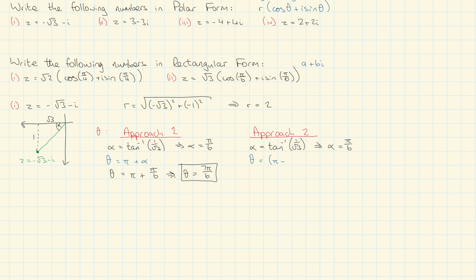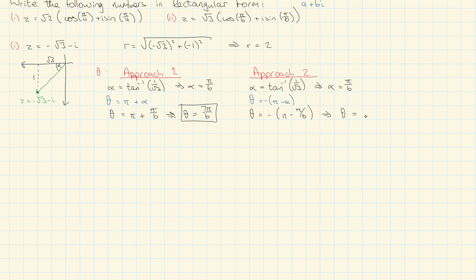So it's pi minus alpha, and make your answer negative. So theta is equal to minus pi over 6. Pi minus pi over 6 will give us 5 pi over 6. So then theta equals minus 5 pi over 6. So obviously our two answers here look slightly different, but both will be accepted.